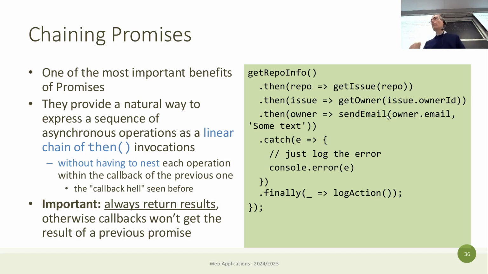In case there are problems, basically all these thens are skipped, but logically skipped. I mean, the callback will not be called anymore, and the promise will search for a .catch and a callback attached to the .catch to be executed. Okay? And so in case of errors, you will execute the callback specified by the catch.